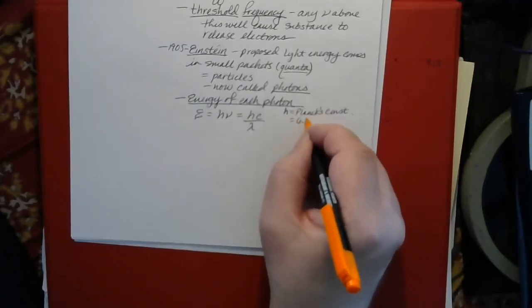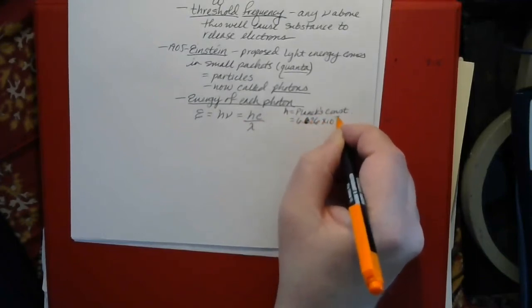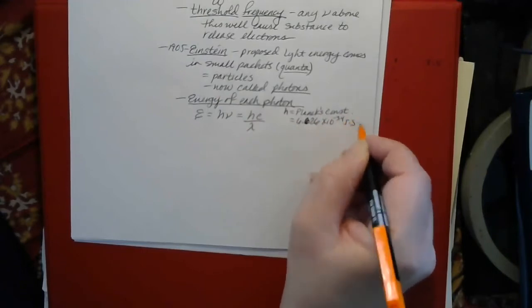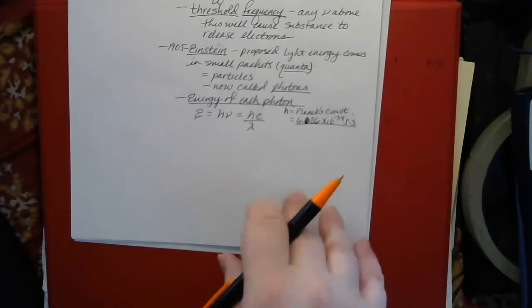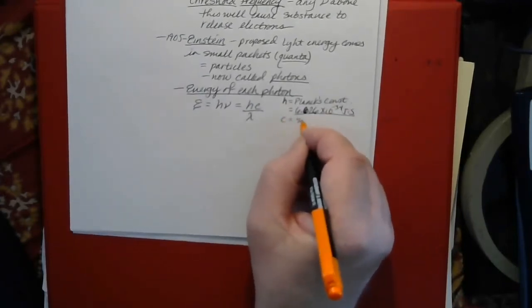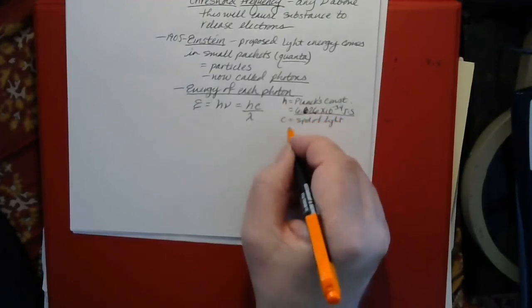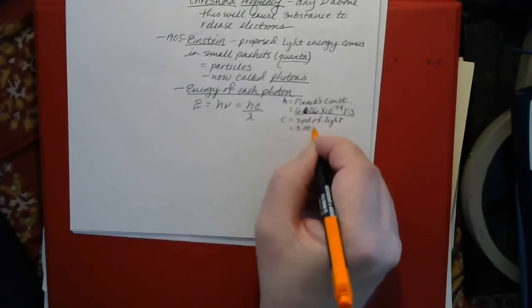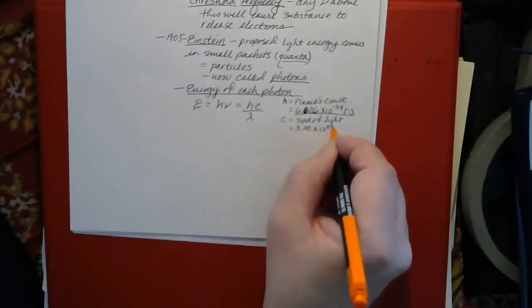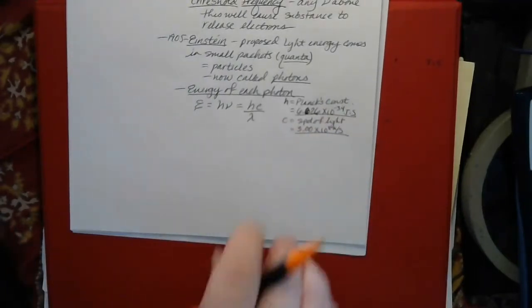Planck's constant is 6.626 times 10 to the minus 34 joule seconds, and that value is in all kinds of tables of constants that you can look up. And c, of course, is the speed of light, which is 3 times 10 to the 8th meters per second in air or vacuum.